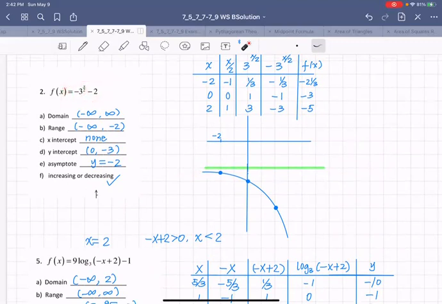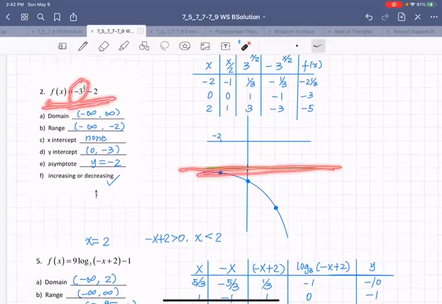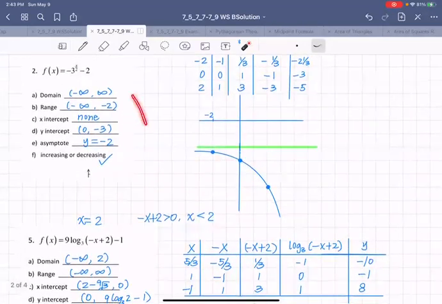Who is the asymptote? This will never be 0. That's why the asymptote here is y equals -2. And then you draw it. Will the curve cross this asymptote? No way. It's going to stay on this side. Okay, that's how we draw the exponential functions.